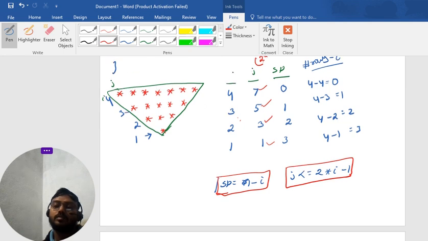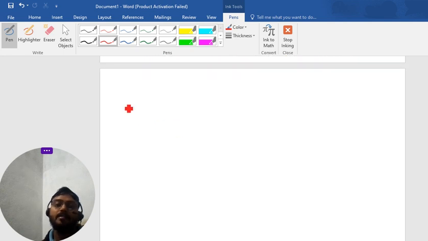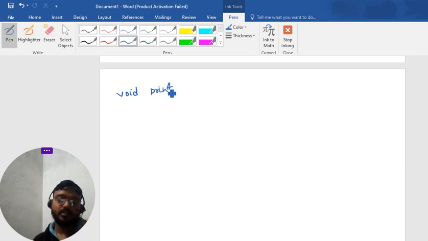Now, what I'll do, I have another method. What is this? Void print lower half.